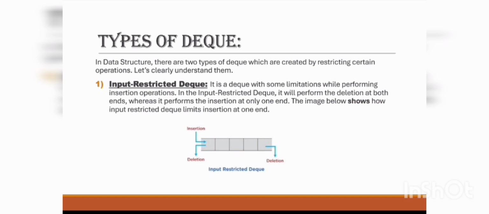In the input restricted dequeue, it will perform deletion at both ends, whereas it performs insertion at only one end. Here is the visual representation that deletion can be performed at both ends and insertion can be performed from only one end.